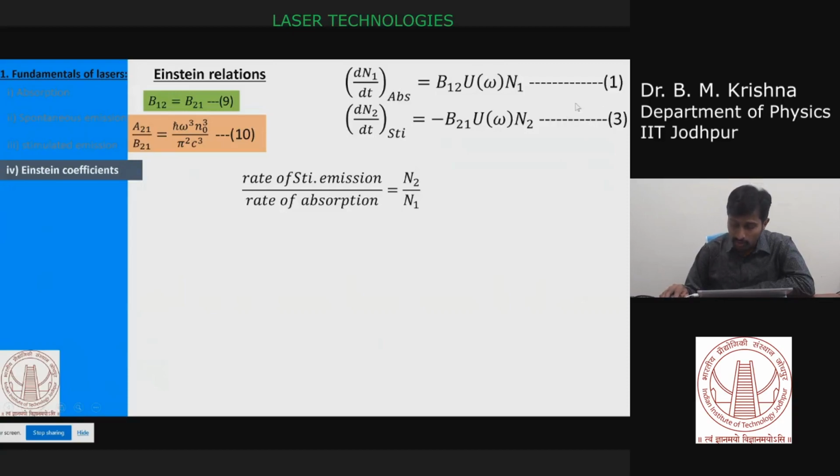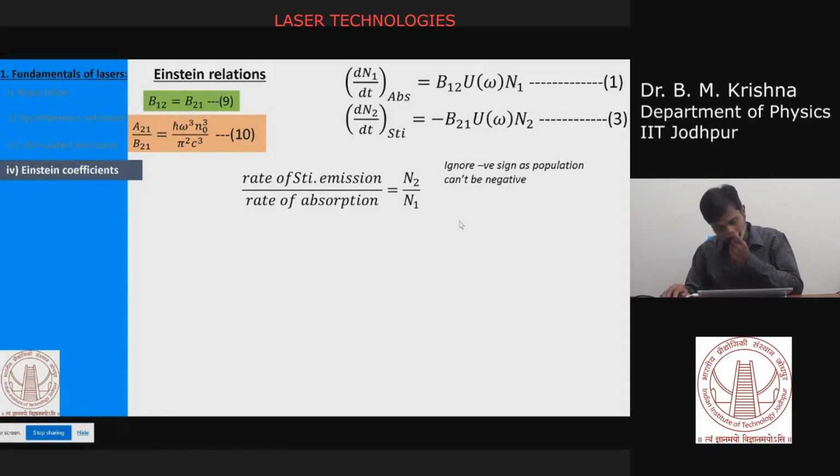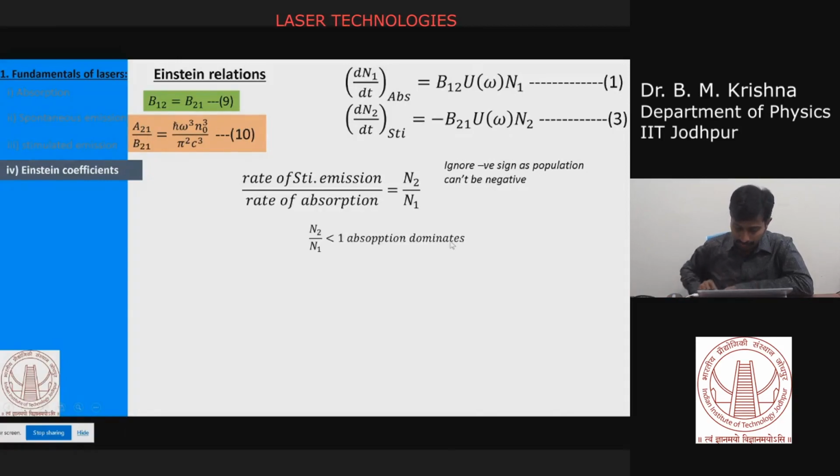So you will get n2 by n1; u of omega gets cancelled, and B12 equals B21 from the Einstein relations, so that also gets cancelled. There is a negative sign, but you can ignore it as population cannot be negative. Now you can see the different conditions.